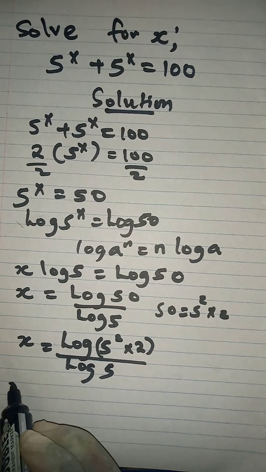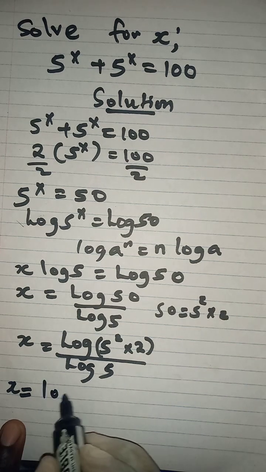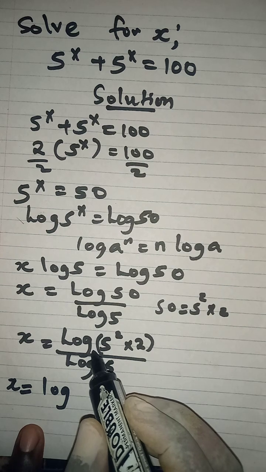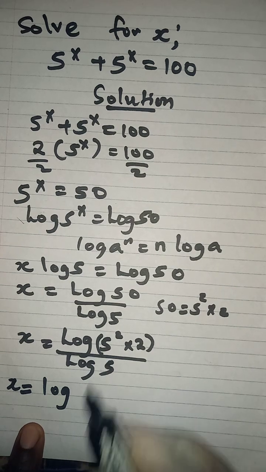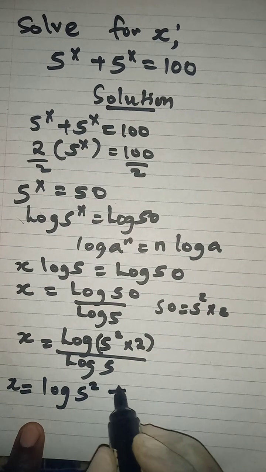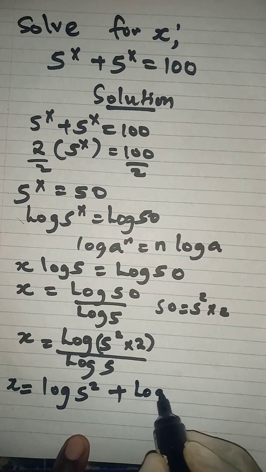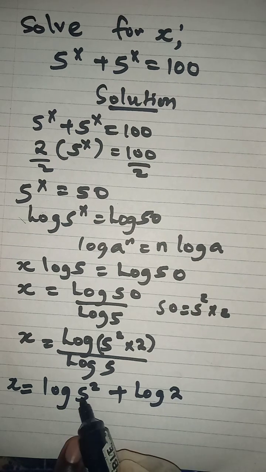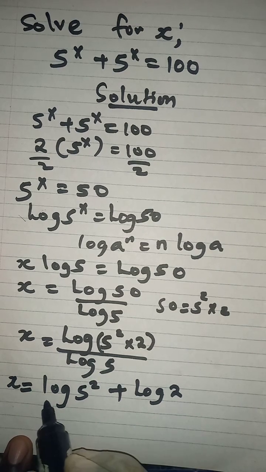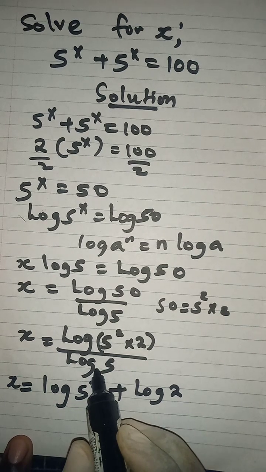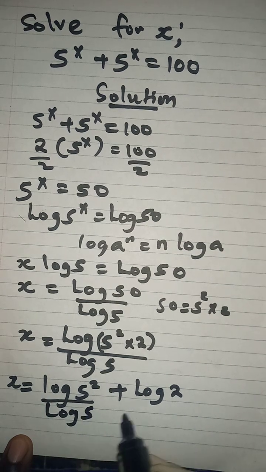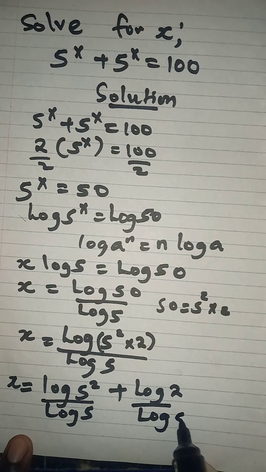So x now becomes the log, of course, when you multiply numbers whose base is the same, this just means you can separate by adding the logs. So that is log 5 squared plus log 2. Remember, everything was under log 5, so I'm going to separate each to be over log 5.